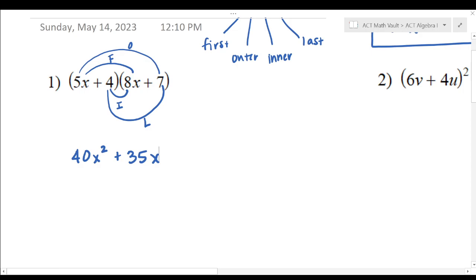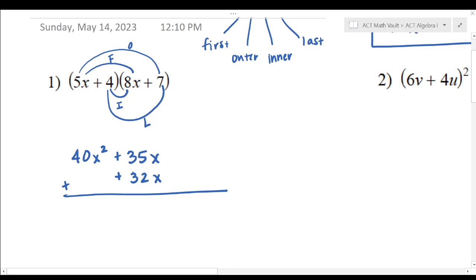So now it's time to do the inner, the I. We need to do 4 times 8, which is 32x. Notice I put that under the 35x because I want to have a lane for all of my like terms. And like I said, the operation going forward is just adding.